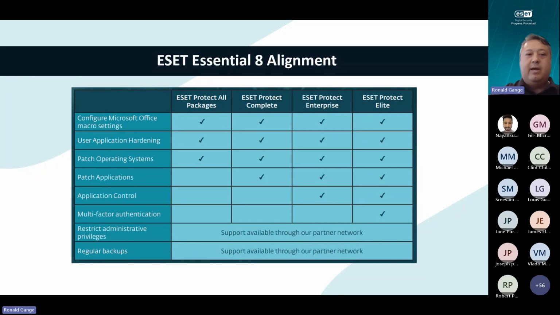You're able to start from the entry-level products, ESET Protect Complete, ESET Protect Enterprise, and ESET Protect Elite. With ESET Protect Elite, we're able to cover off 6 out of the 8 of the Essential 8. Again, this doesn't say that once you have this product you're compliant with all of these. It says that we're able to help you align to these objectives and tick off those different areas.